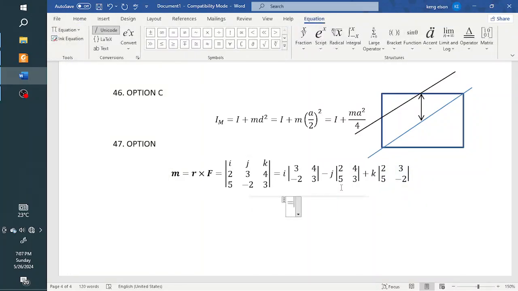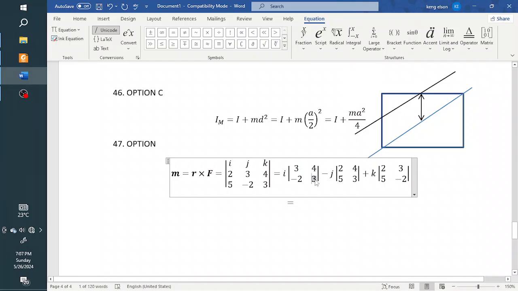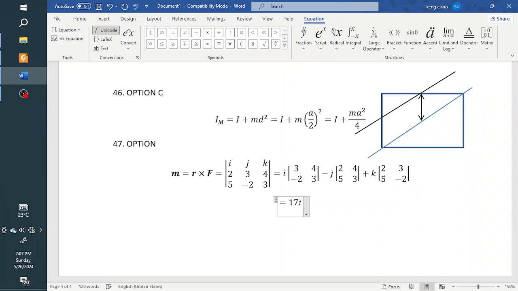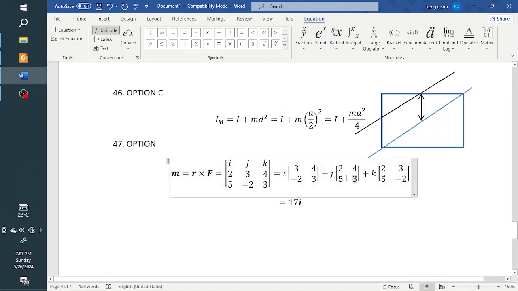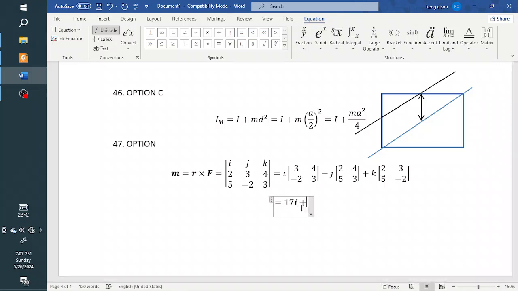Now here I have 3 times 3, 9. 9 minus negative 8 is 17, so 17i. Here I have 2 times 3, 6. 6 minus 20 is negative 14, but there's a negative sign here, so we have plus 14j.